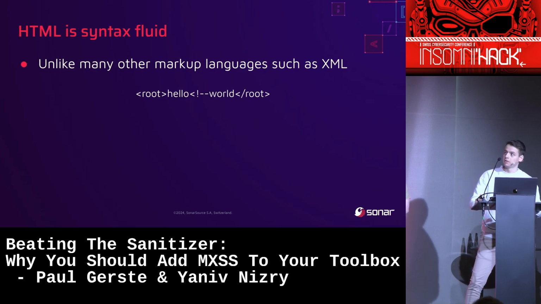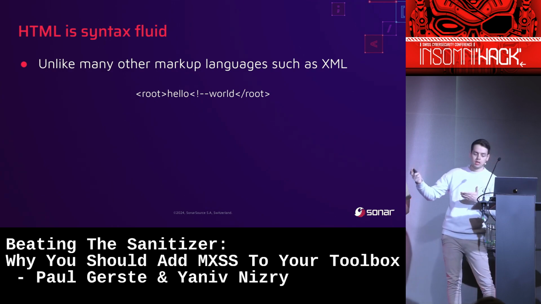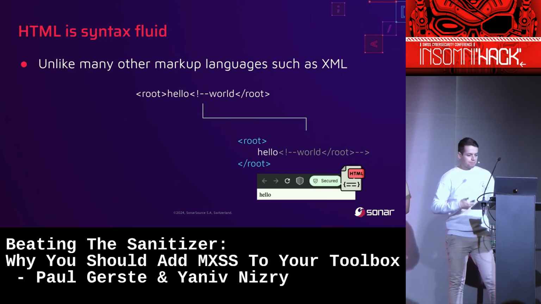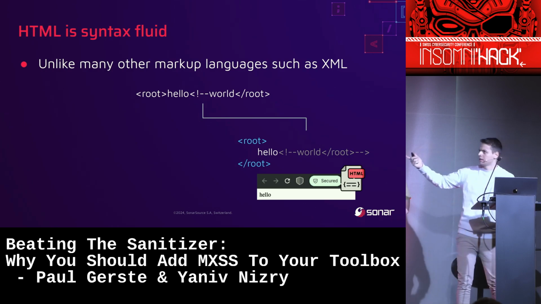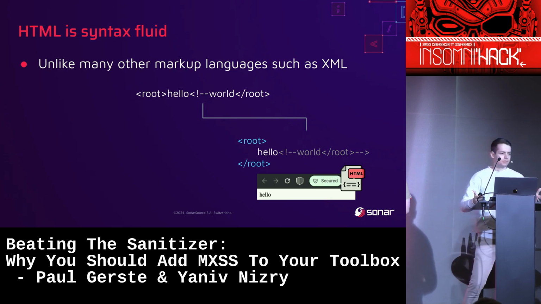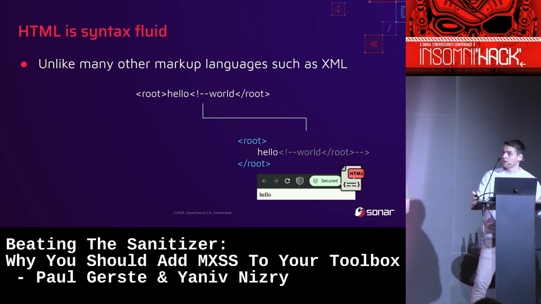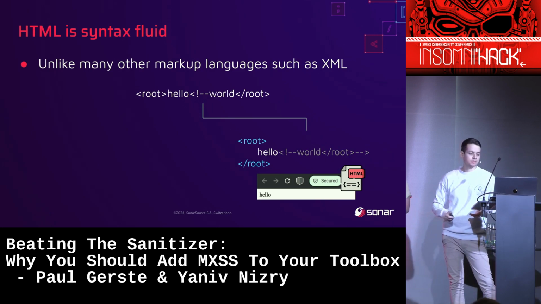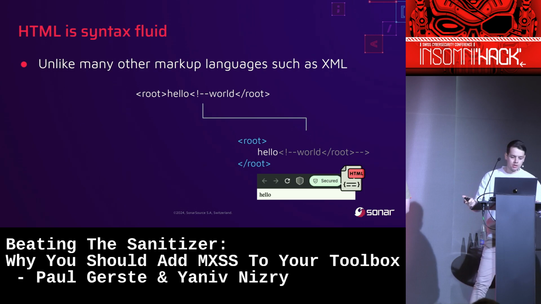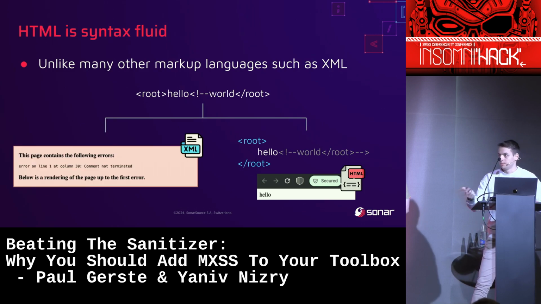We have a root element, and inside of it we have a comment tag. The comment is not closed here, and if we pass it along to the browser, we just see the hello, and everything works fine. When we look at the markup, suddenly the comment got closed, and also the root tag. The parser just tries to fix the broken markup as close as possible to what the developer intended. If we take the same markup and pass it along to an XML parser, for example, it would just be condescending and tell us that the comment is not closed.